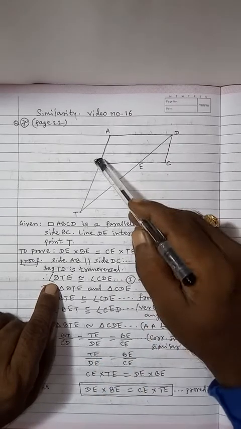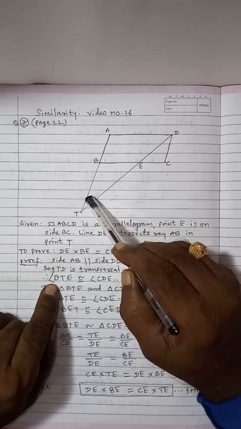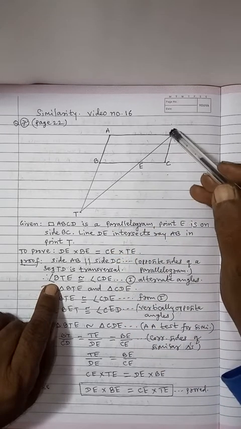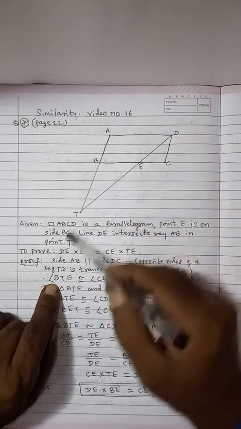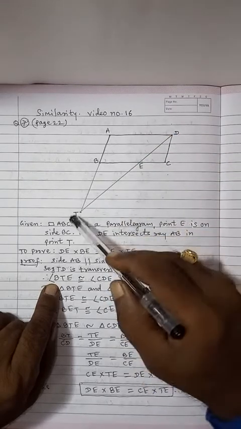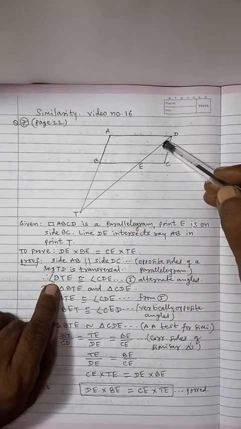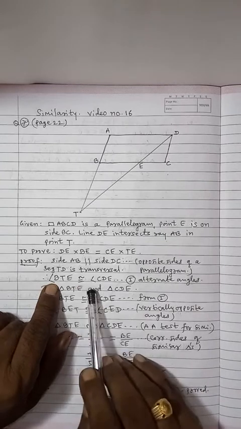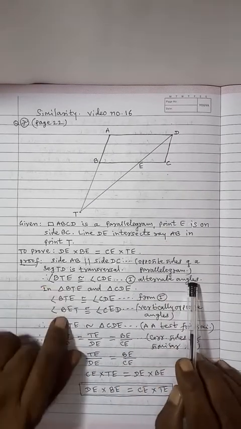Angle BTE is congruent to angle CDE. Reason for this, alternate angles. AB is parallel to DC, TD is the transversal. So these two angles are the alternate angles, so they are congruent. Result number 1.